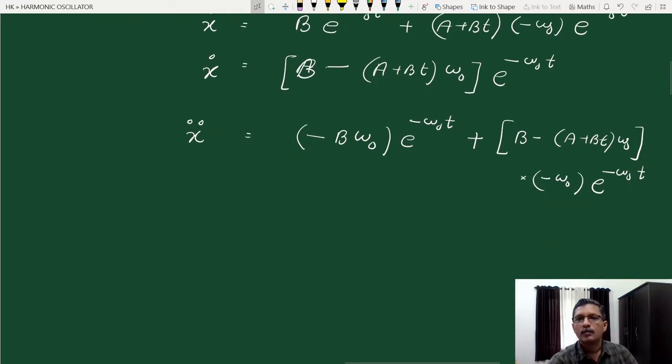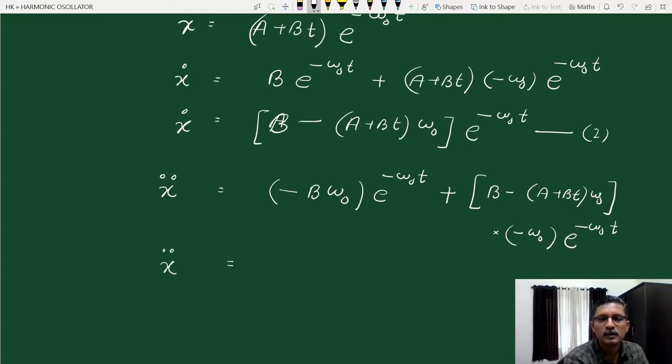So let us take the common terms outside. I think minus omega 0 e raised to minus omega 0 t is common, we can take it outside. So x double dot equals, in the first term, including the negative sign, minus omega 0 e raised to minus omega 0 t is taken outside, what is remaining is b, plus in the second term the terms in the square bracket, that is b minus a plus bt times omega 0.